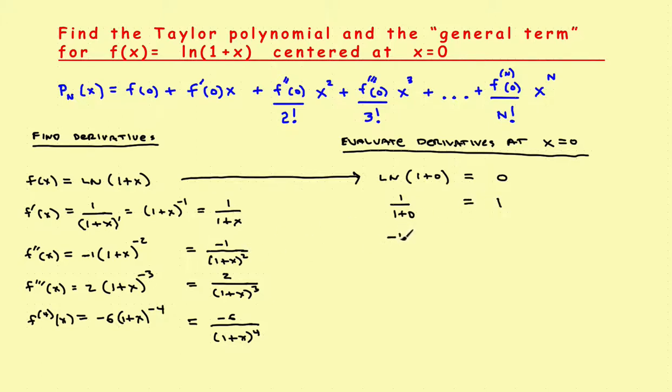Then the next one, minus 1 over 1 plus 0 squared, which again is going to become negative 1 divided by 1, or negative 1. And finally plug it into this one, 2 over 1 plus 0 cubed, which again gives you 2 over 1 cubed, or 2. And then finally negative 6 over 1 plus 0 to the 4th power. And the denominator is a 1, so that's going to be a negative 6.